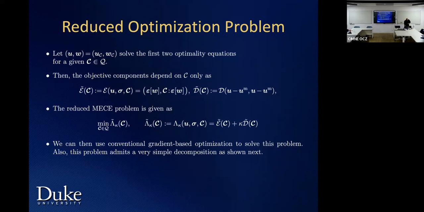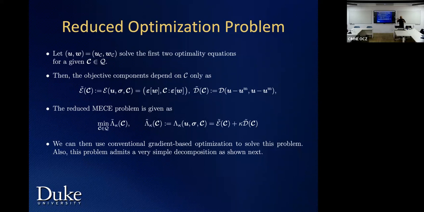So what I'm going to assume is that I've solved the first two coupled systems of variational problems, the forward and the adjoint, given an elasticity tensor, right? So it just looks like a forward solve of coupled finite element problems. Once I have that, I'm going to call that u_C.